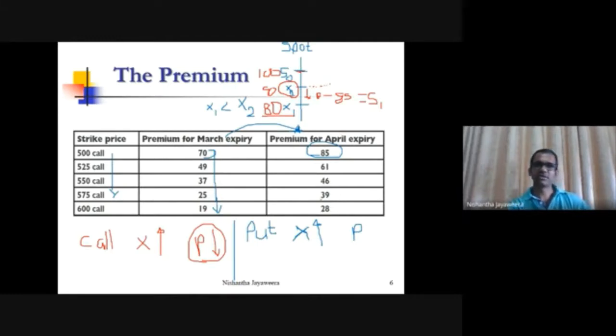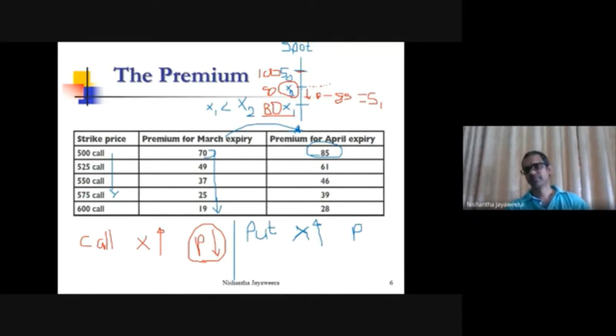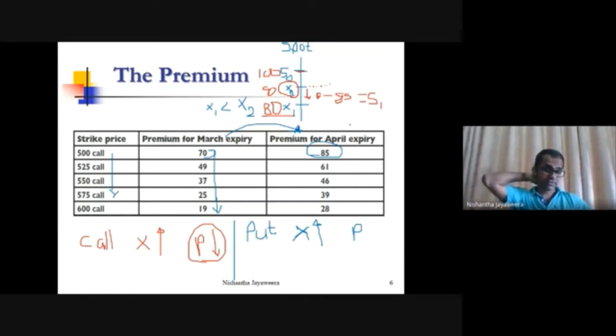At the market, you can sell it at 85, whereas your strike is 80. So you sell it at market price. So then which option is having more value? This one with a strike of X2 or with a strike of X1? X1. X1 has more value.